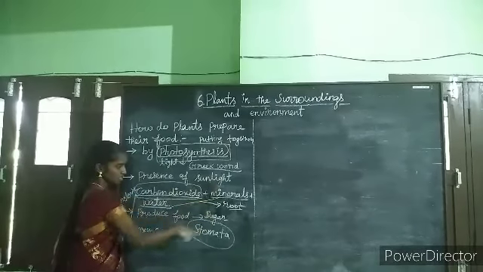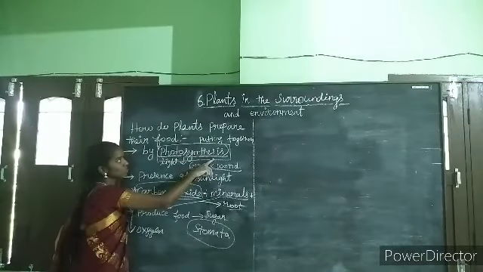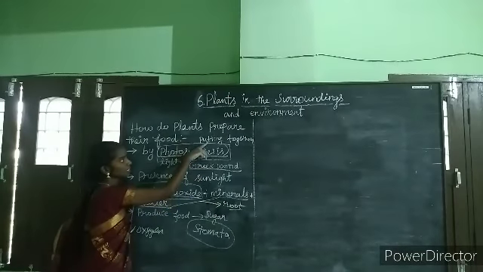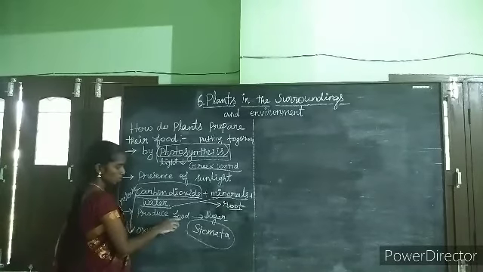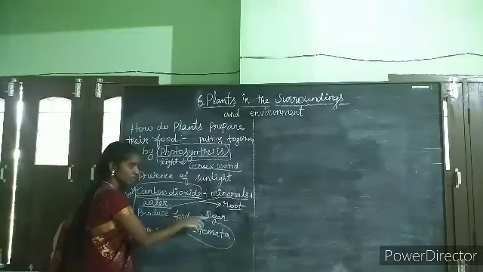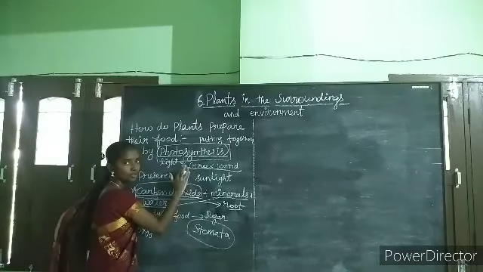This process is called photosynthesis. By this process it will prepare the food. Then some plants produce food in the form of sugar. Okay children, so this is called photosynthesis.